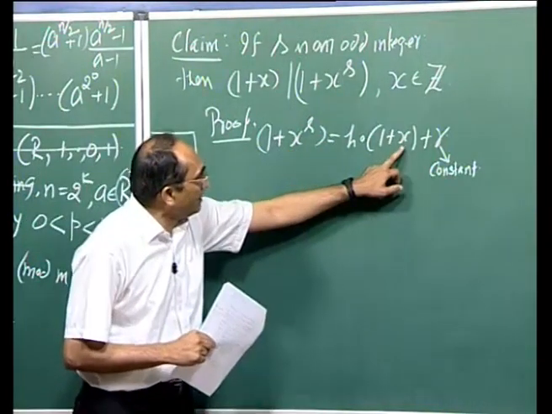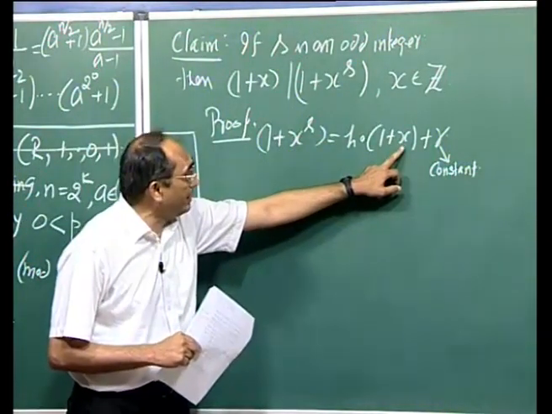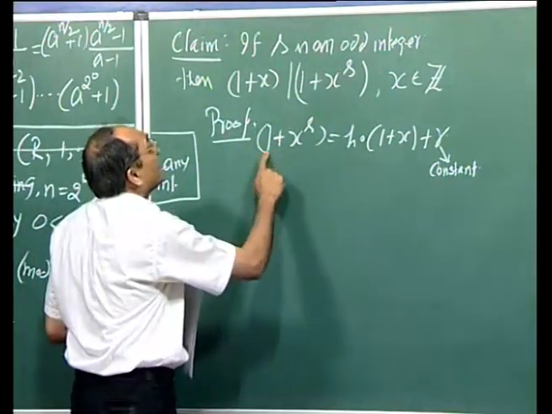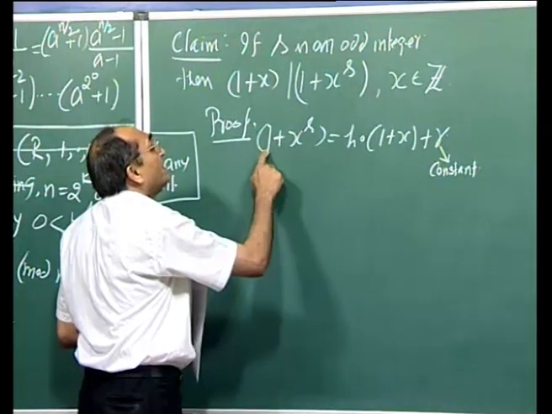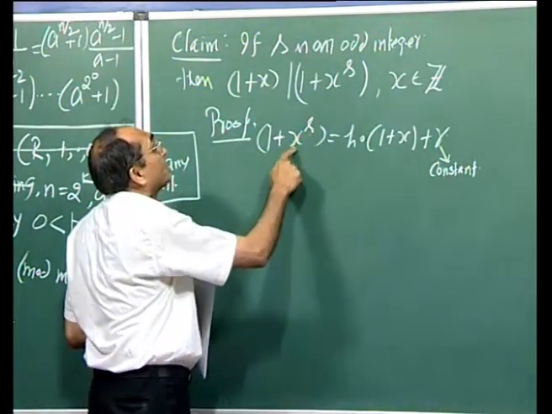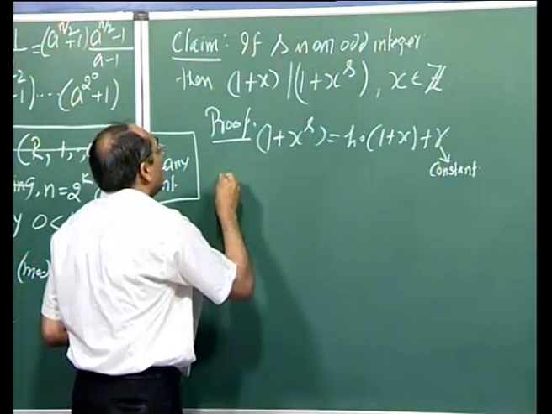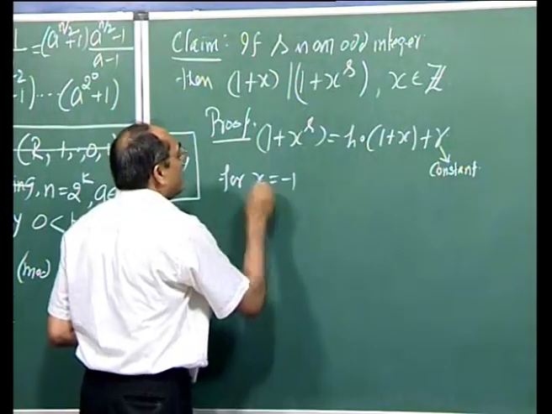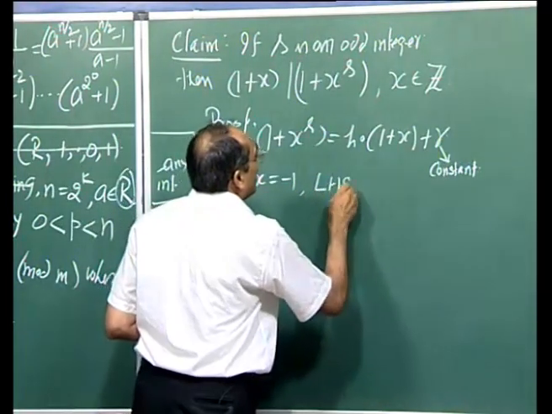Okay. So, in case I set x equal to minus 1, then this term is (1 + (-1))... sorry, the power s is an odd power, which gives minus 1. So, for x equal to minus 1, the left hand side is 0.